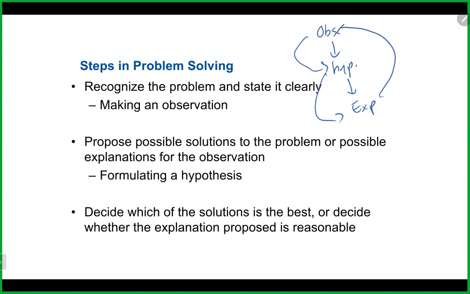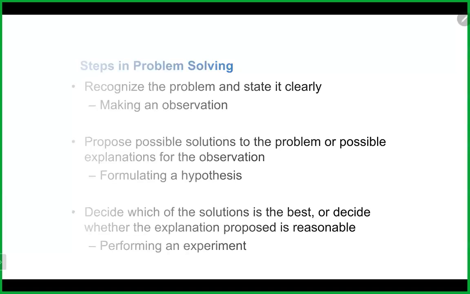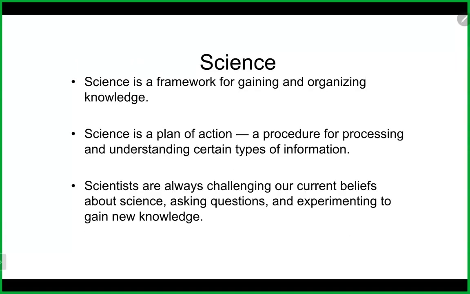Hopefully at some point, it will lead usually to one of two things. It will usually lead to either a theory or a law. And that's the idea of what you're trying to achieve in this scientific method.